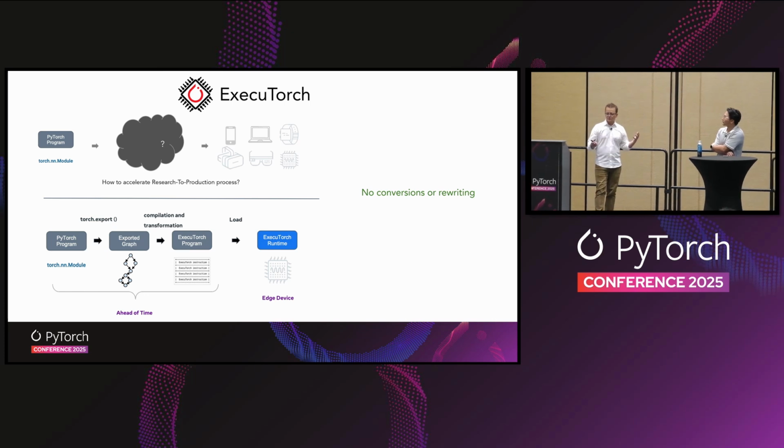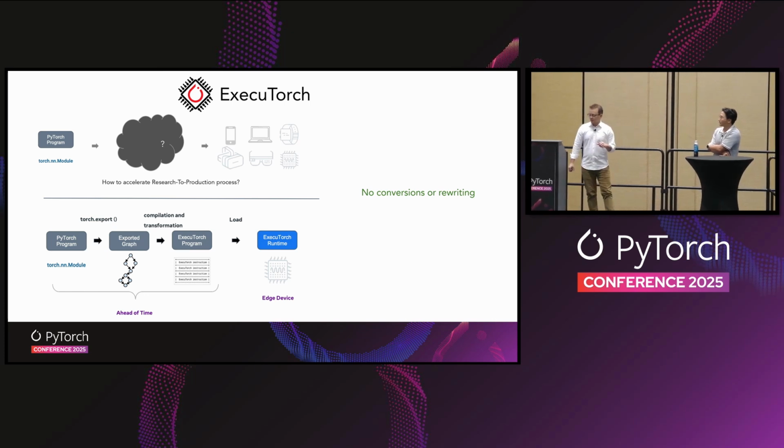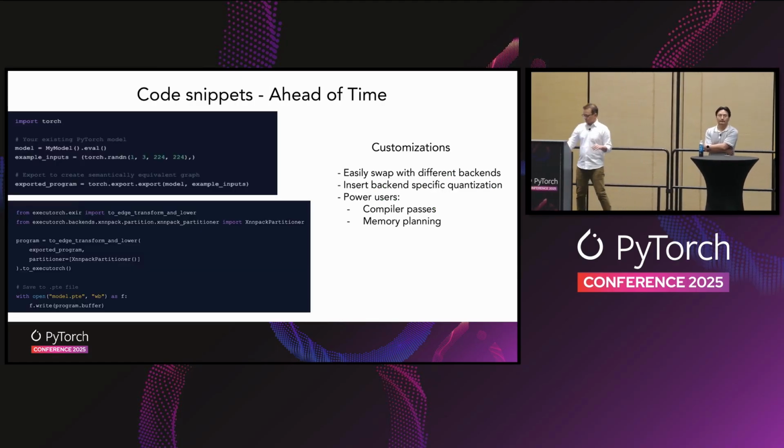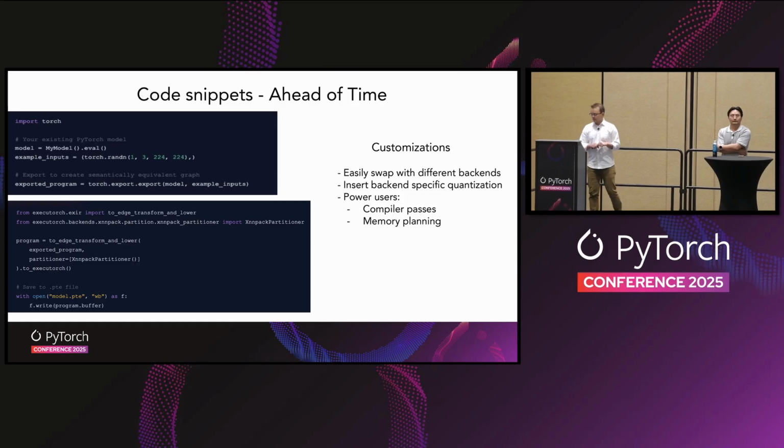You start with your PyTorch program, and with torch export, we're able to do full graph capture, and with progressive lowering, we're able to get that PyTorch model onto the edge devices. And we're able to solve this problem without requiring any conversions or rewriting.